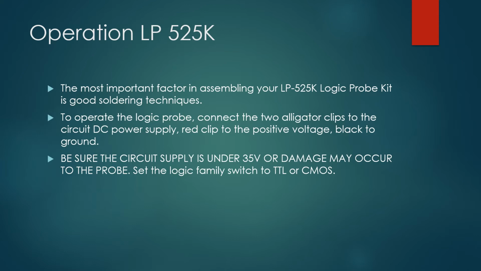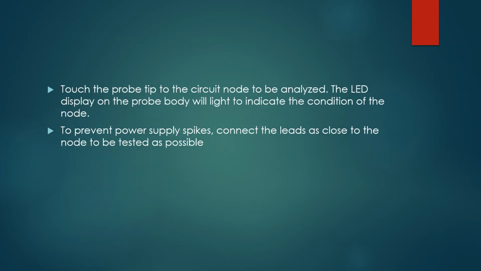Set the logic family switch to TTL or CMOS. Touch the probe tip to the circuit node to be analyzed. The LED display on the probe body will light to indicate the condition of the node. To prevent power supply spikes, connect the leads as close to the node to be tested as possible.